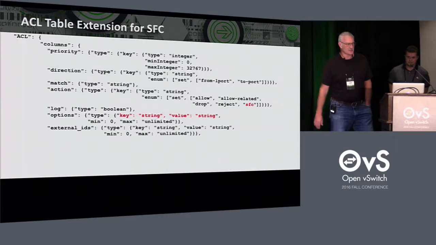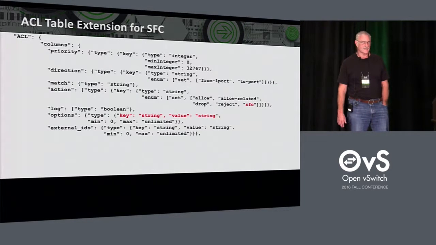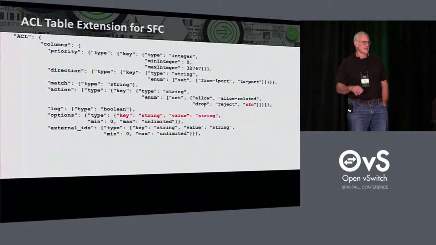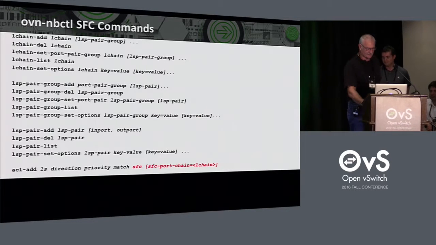For the ACLs, we added an additional SFC action, and an option that allows us to reference the port chain that the traffic would be driven into. Those are the only extensions that we added to the northbound database.